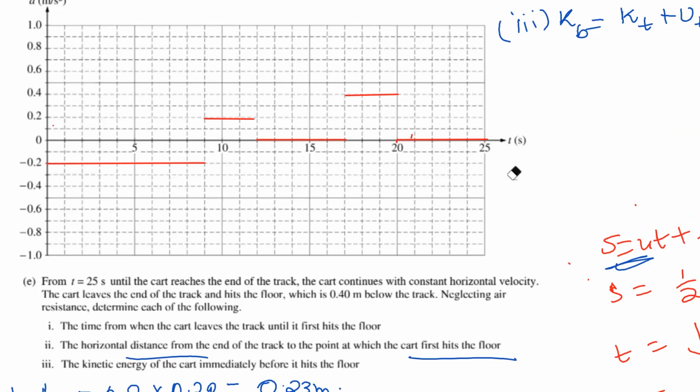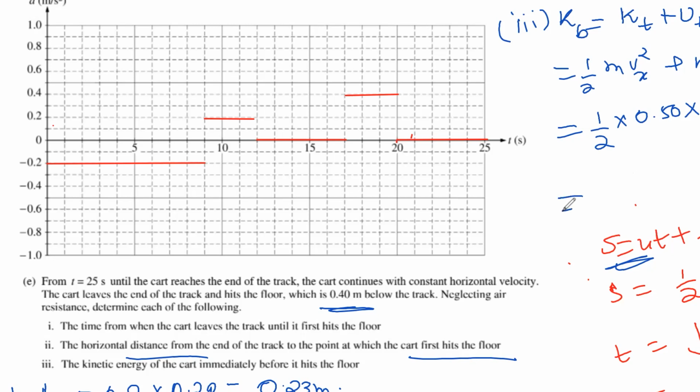So now we will substitute the values. It is half m vx square plus mg y. Let's say y is the distance 0.40. So half into mass, which is 0.50, and speed was given 0.8 square, plus again mass 0.50 into g, which is 10, and y is 0.40.